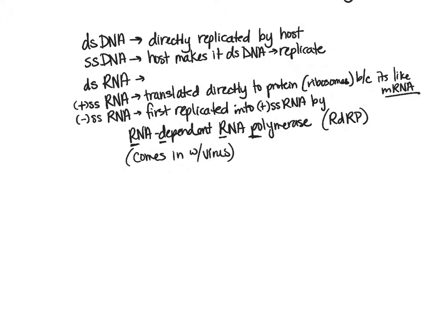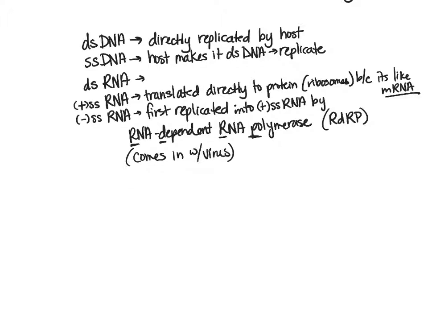And if it has RDRP, then it's going to utilize RDRP to make the positive single-strand RNA. So that then the positive single-strand RNA can be translated by the ribosome directly into a protein, and then it can make copies of itself. Now, I skipped over the double-stranded RNA, and this is because the double-stranded RNA has the positive strand and the negative single strand.